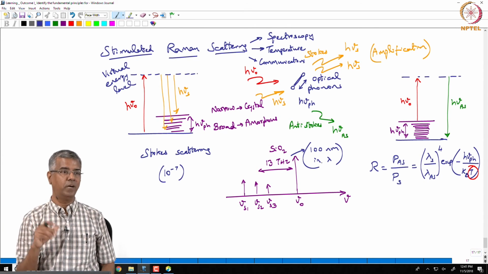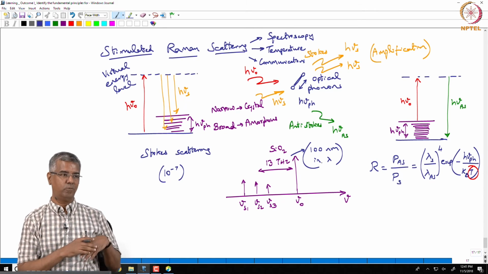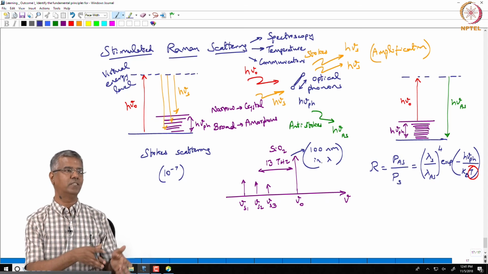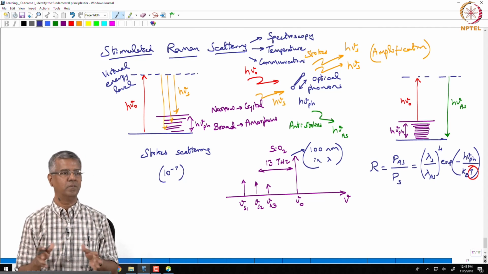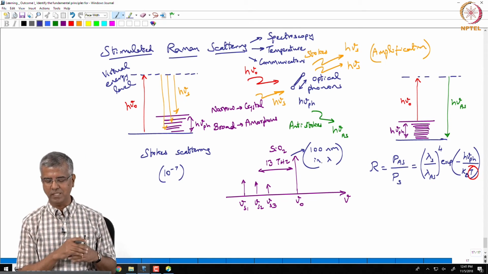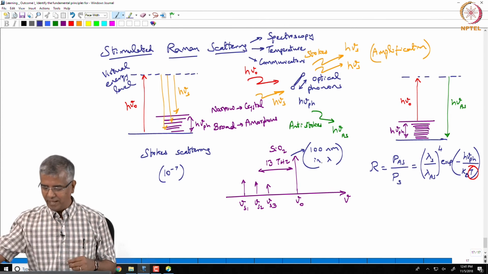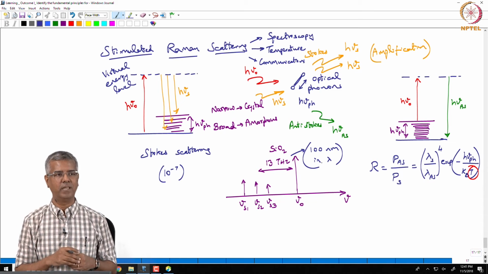But the key point is, I can get gain at whatever wavelength I want, provided I have pump photons which have a frequency that is upshifted by 13 terahertz.